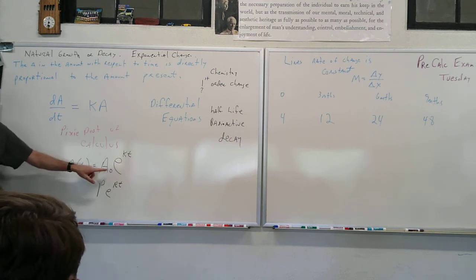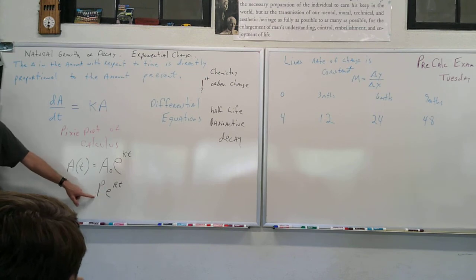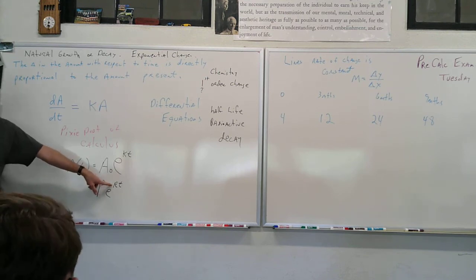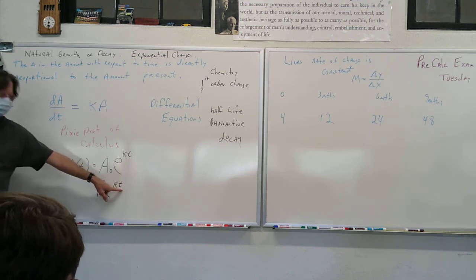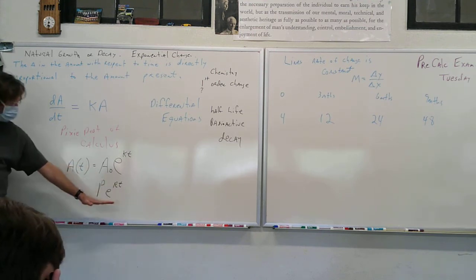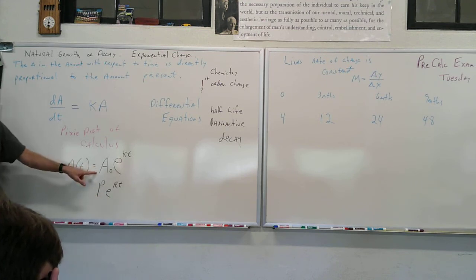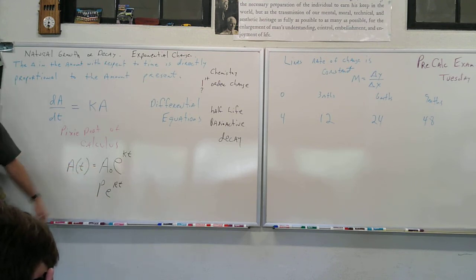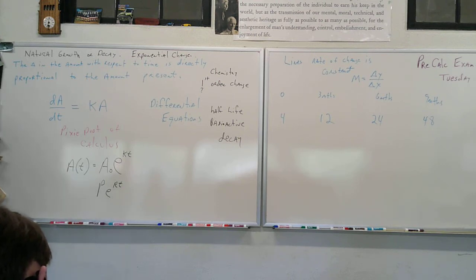A sub 0, the amount you start with. Principal is the amount of money you what? Start with. The rate is the interest rate, and the t is the number of years. PERT. It's the same as that. So you might want to put that, there are formulas for economics that are involved in this. PERT and that are the same thing. Yeah.